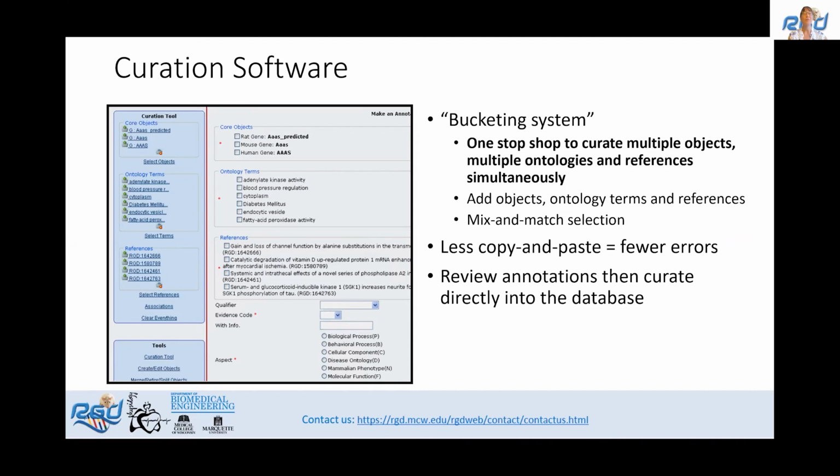And so we're able to add objects, ontology terms, and references all in one fell swoop and bucket them into the selection for what annotations would be added for that particular gene and disease or phenotype.